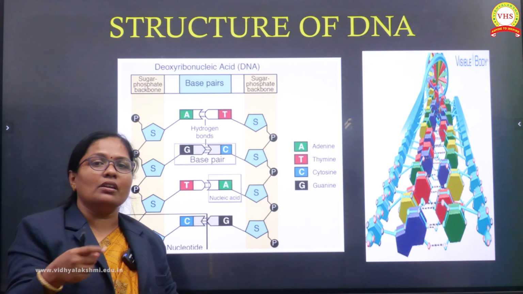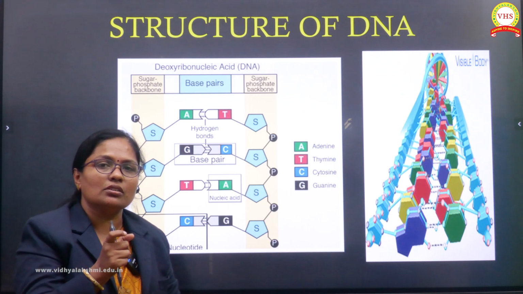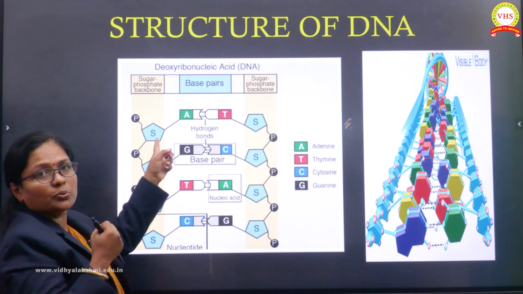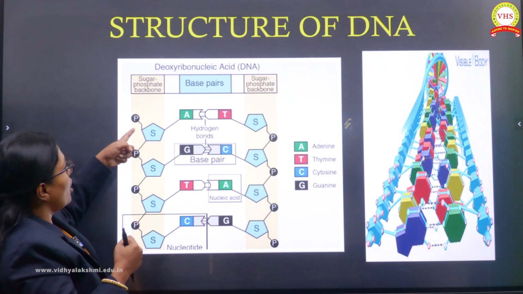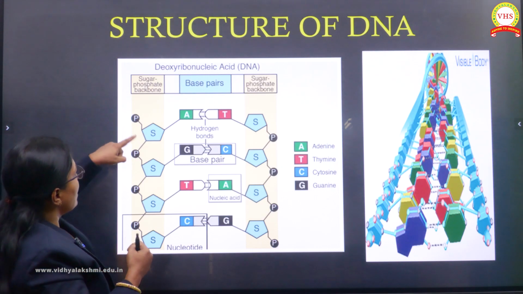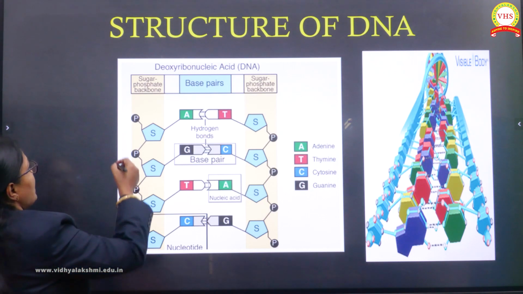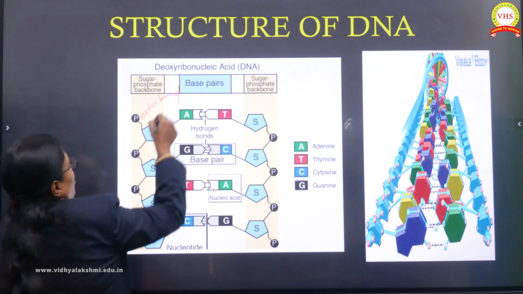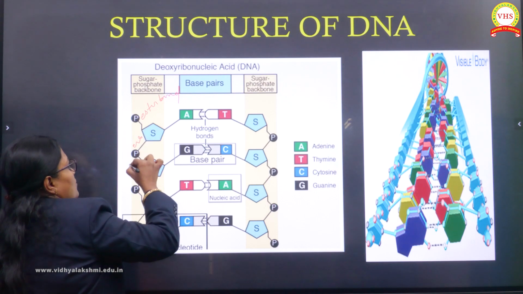In the second carbon, from the hydroxyl group, one oxygen is removed, and that's why we use the term deoxy, removal of one oxygen. These are deoxyribose sugars. Onto its 5th carbon, phosphate groups are attached. How are these phosphate groups attached? By a bond called an ester bond. When one sugar combines, here is one ester bond and here is another ester bond.